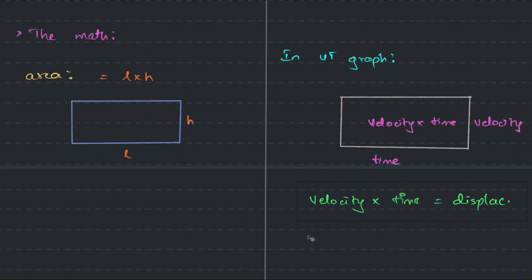Therefore, the area under the graph is equal to displacement in the case of a VT graph. Not everywhere, remember. This is a specific case. So that's your mathematical proof.